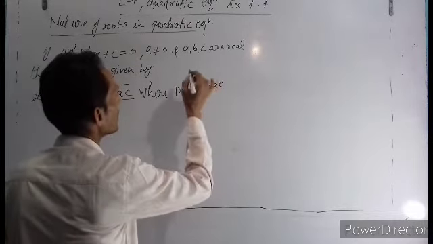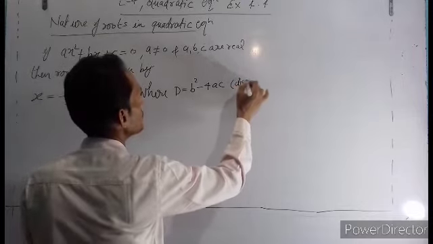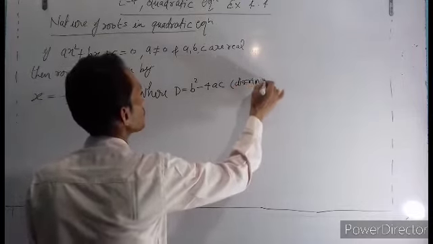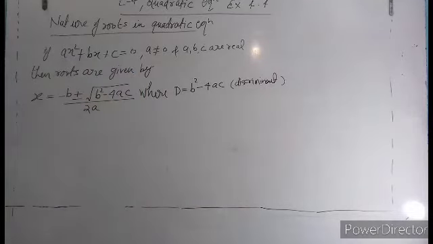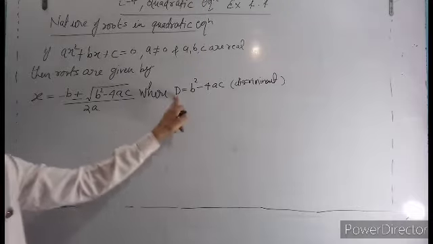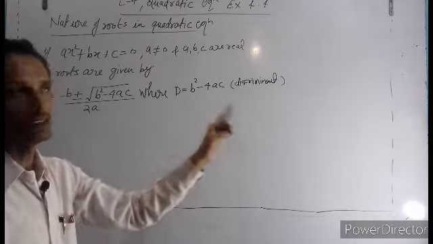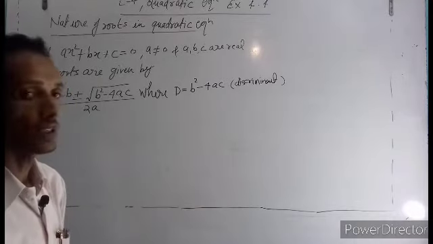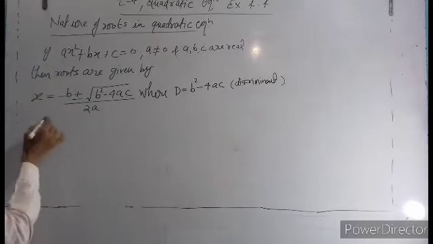The nature of the roots depends upon d, the discriminant. If d is positive, if d is negative, and d equal to 0, so what are the conditions at different stages of d?